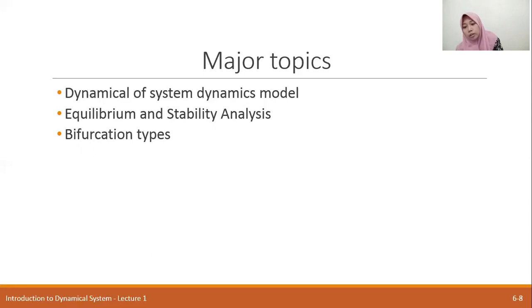For the next topic, we need to check the stability of the system. So in the second major topic, we have equilibrium and stability analysis. This is very important for dynamical systems.